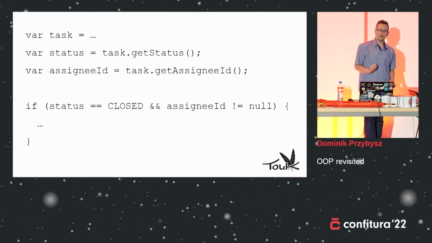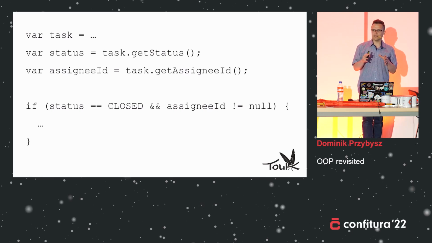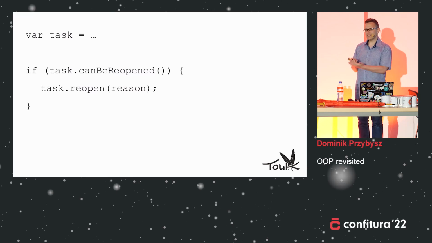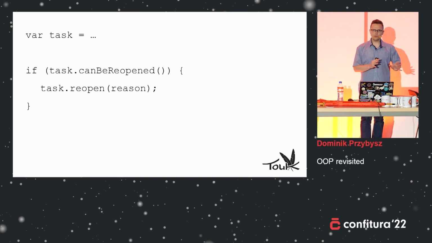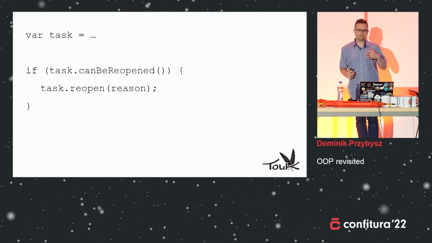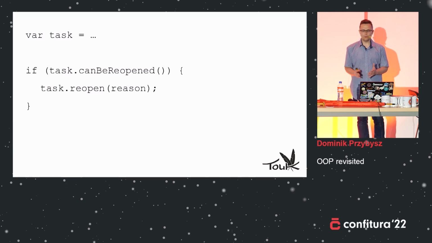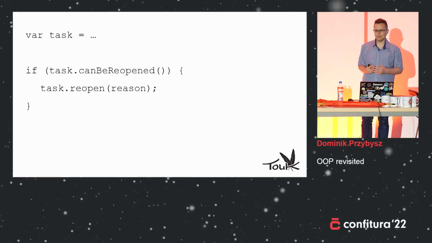If you look at the code here, you see that probably all the information that you are using here is inside your structure. So why not ask this structure, can this task be reopened? And if so, we can perform our action. This code looks a little bit better, but maybe you see that when you have to call the reopen method, to be safe, the reopen method should also check internally if this task can be reopened.